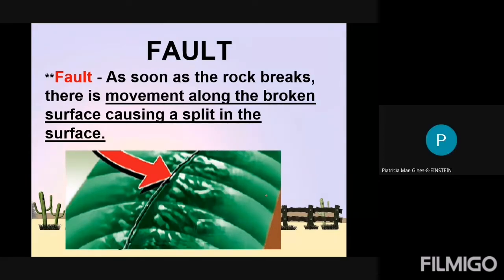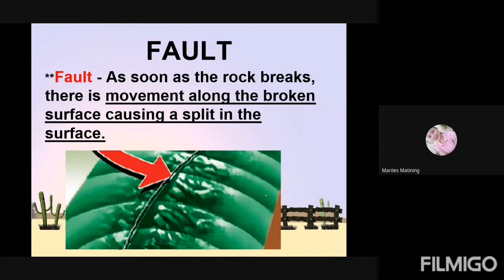As soon as the rock breaks, there is movement along the broken surface, causing a split in the surface. Okay. So, when we say fault, that's the broken surface. That's the fractured part of the rocks. Alam natin yan. We learned that in our first week lesson.